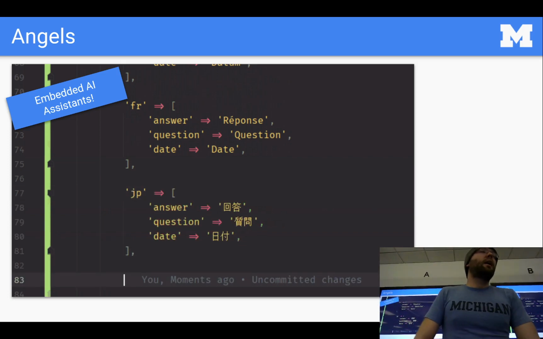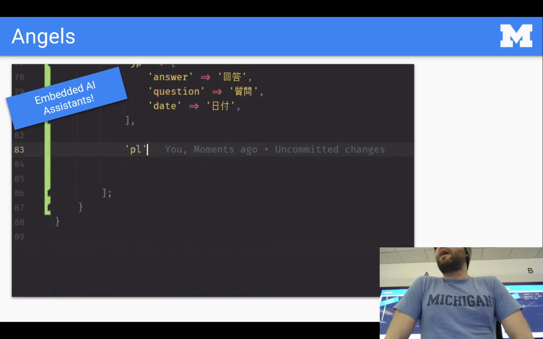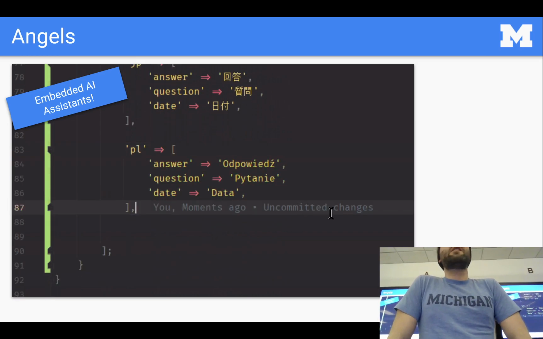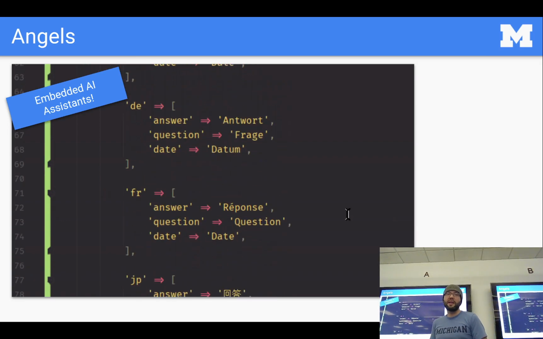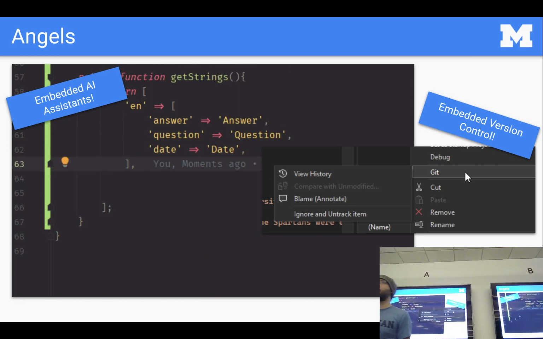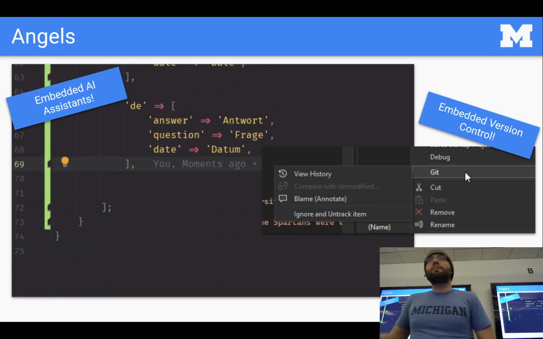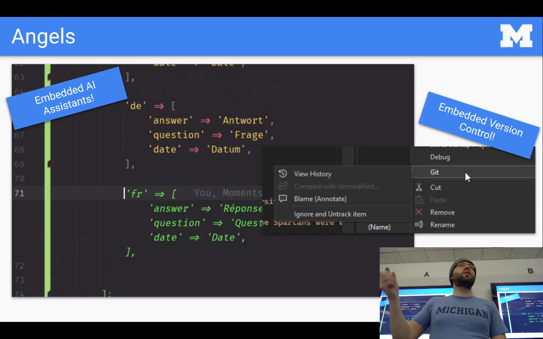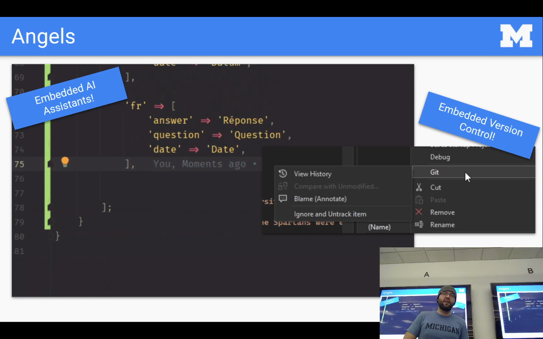A lot of programming is really clever and satisfying, but there's plenty of programming that's a little bit tedious, and the AI can often help us really speed that up. Other things, embedded version control. The features just don't seem to really end when it comes to IDEs, compilers, and all that stuff. That's maybe part of the problem. But if you can make use of it and make sense of it, it's really going to benefit you.